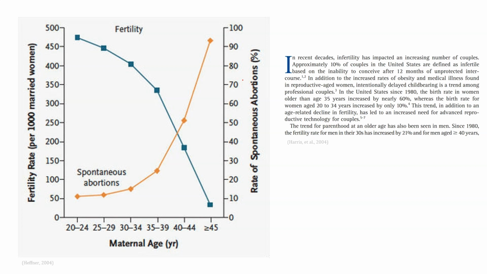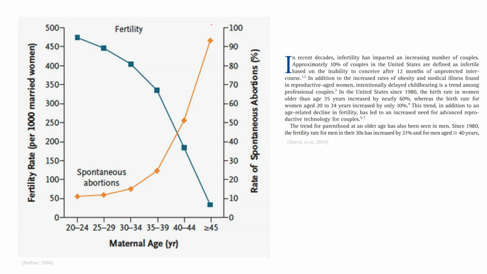All right, so because there is somewhat of a shelf life here of gametes in the female, and it sort of erodes as a woman ages, there is a bit of a time span where fertility is optimal, and then it starts to wane once a certain threshold is passed. There's an interesting graph here which basically shows the fertility rate of a couple and the rate of spontaneous abortions.